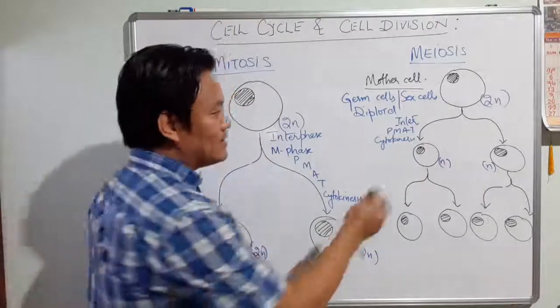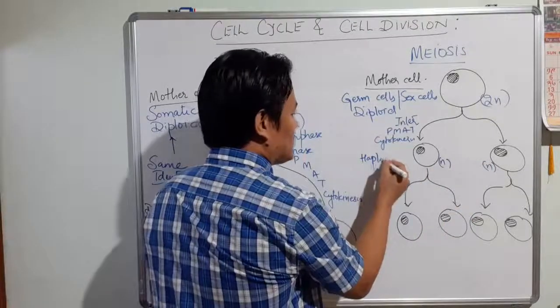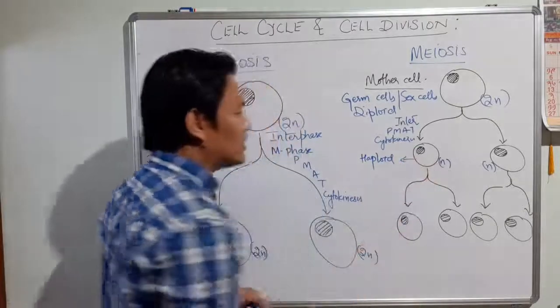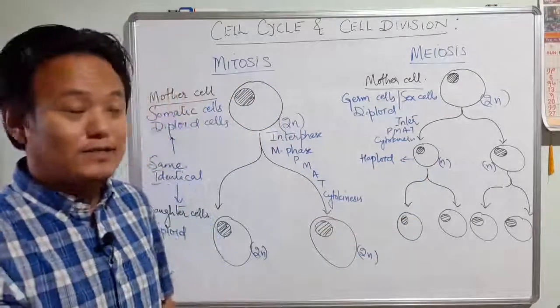And then these two daughter cells, which are haploid, will undergo another division.